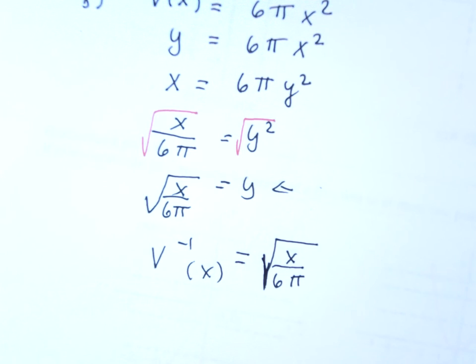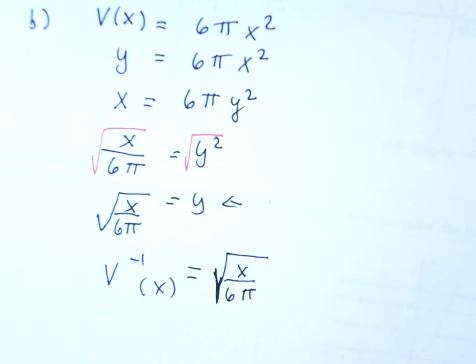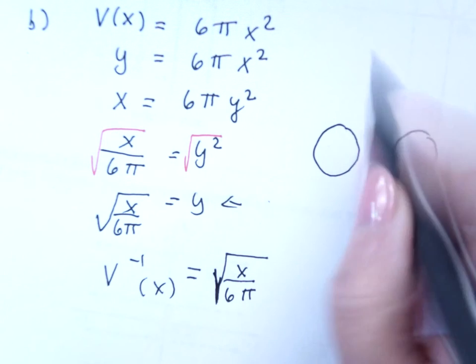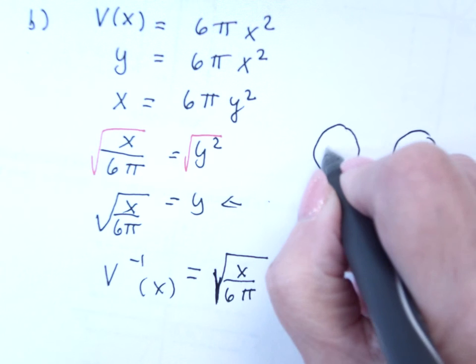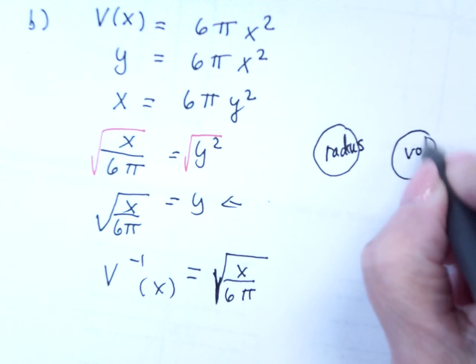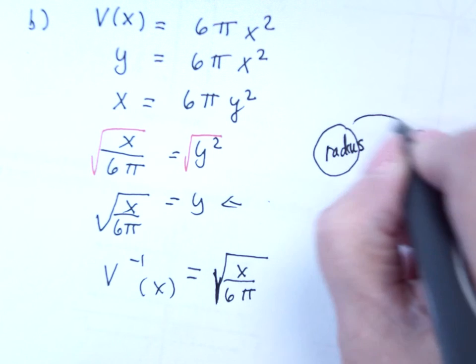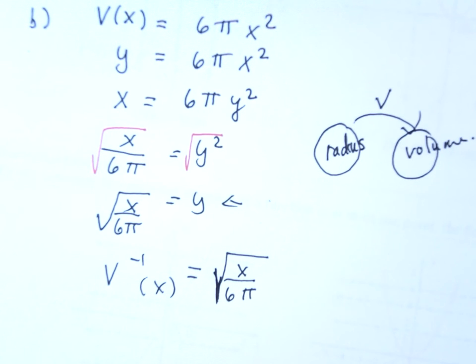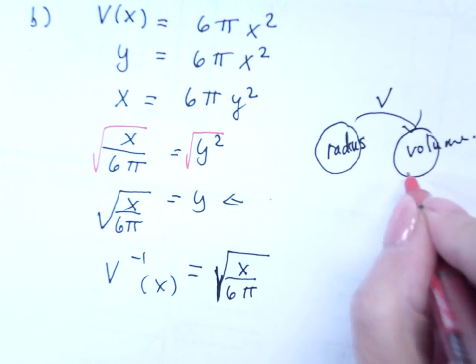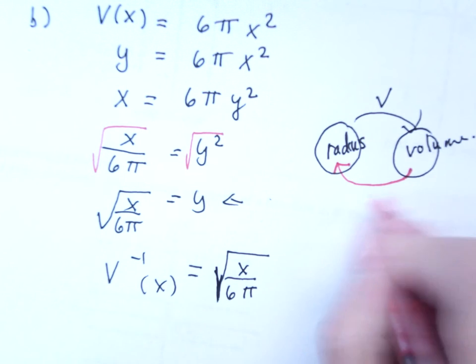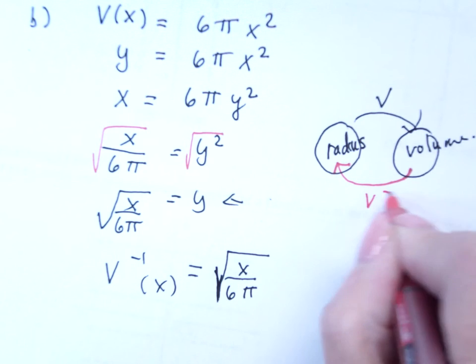Now, in this particular instance, sometimes it's helpful to draw a picture. And for me, pictures are always circles. Here is radius, and here is volume. So V takes radius to volume. So what does the inverse do? It picks up volume and returns it to radius.